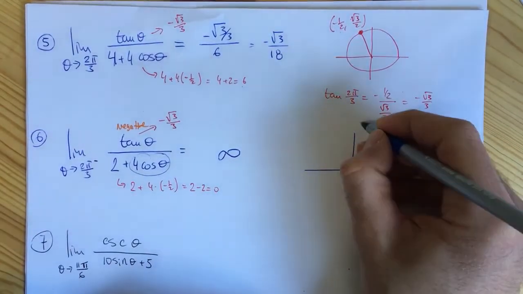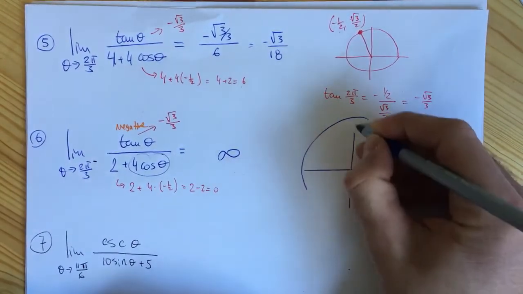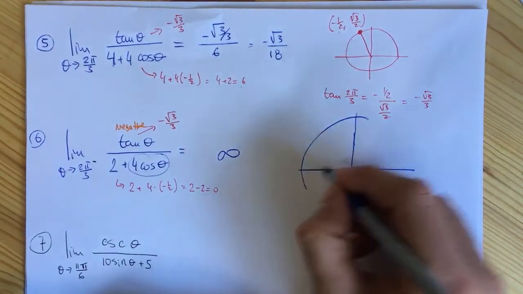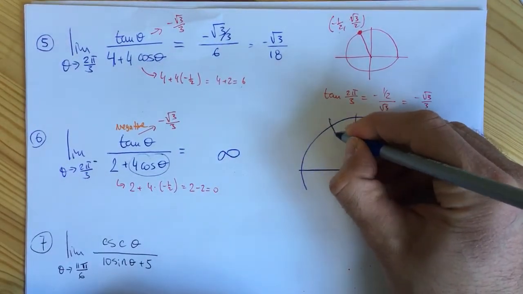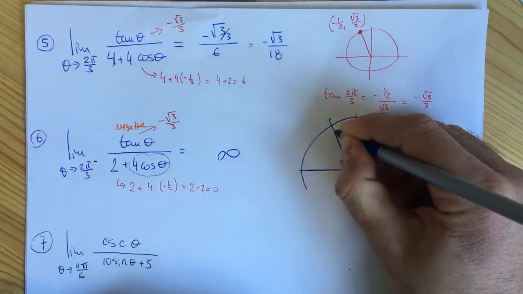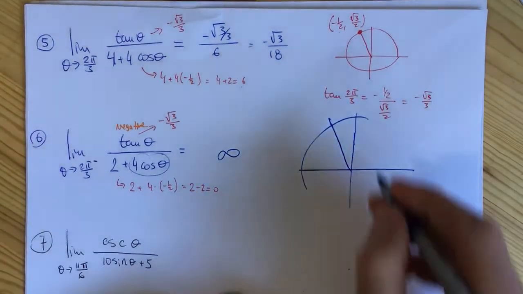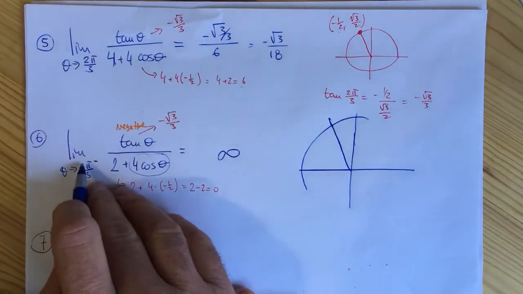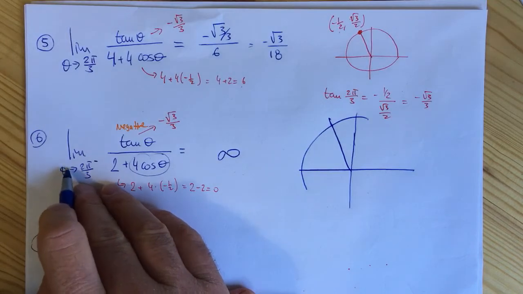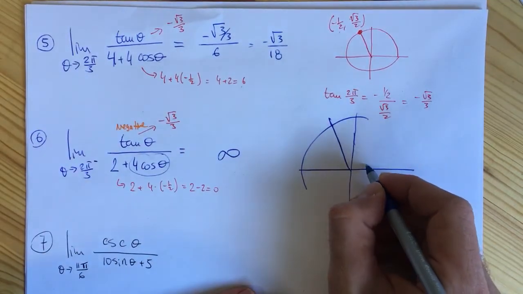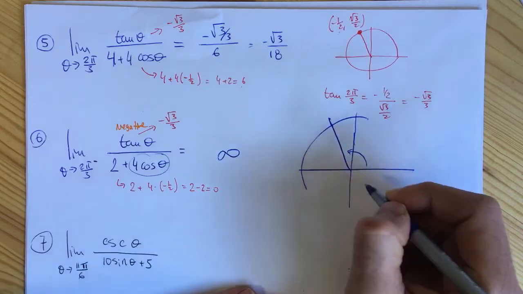As we're approaching, let's make this angle a bit bigger. We are approaching 2 pi over 3 from the side where theta is less than 2 pi over 3. That means from this side we're approaching.